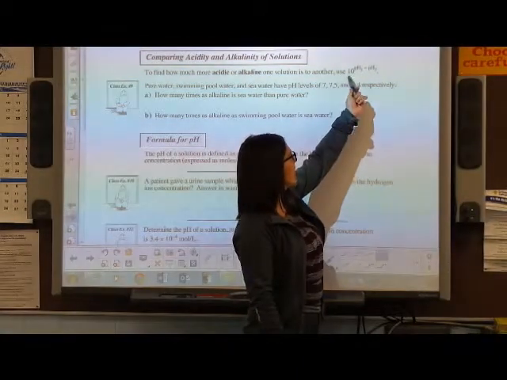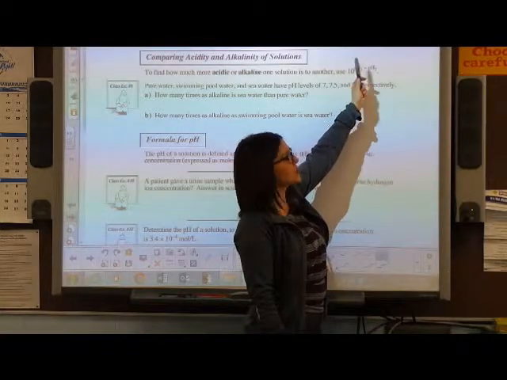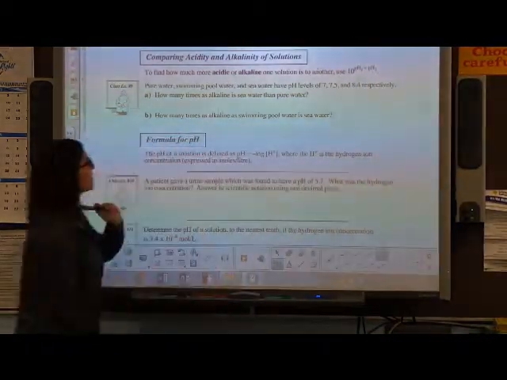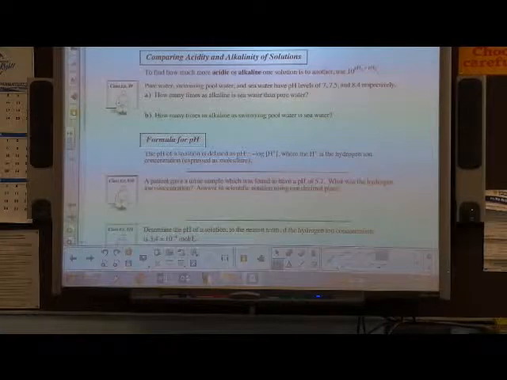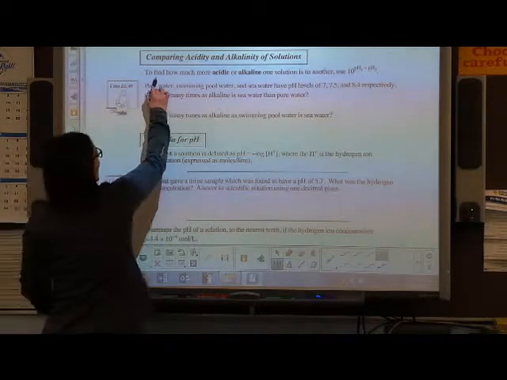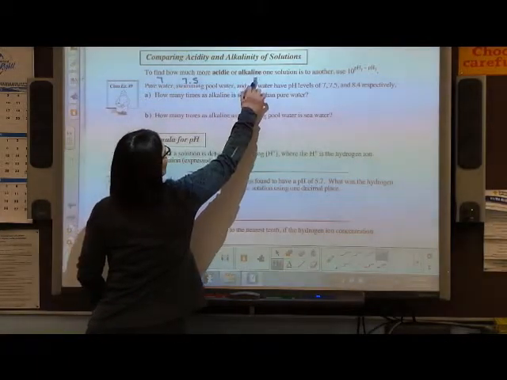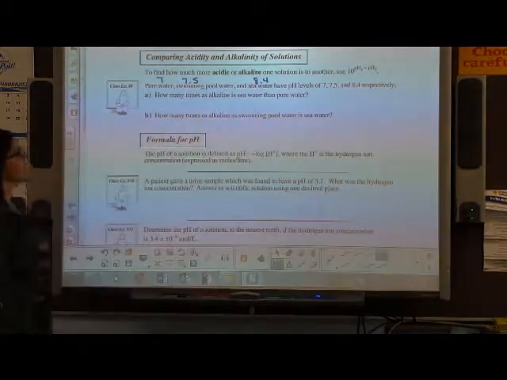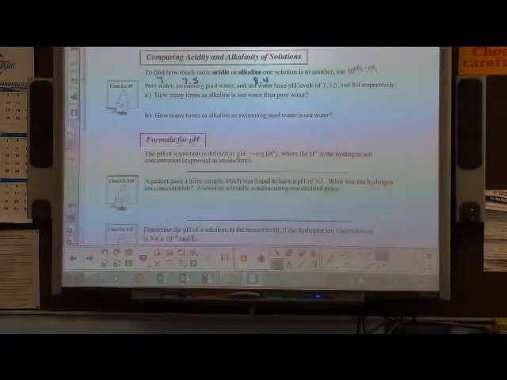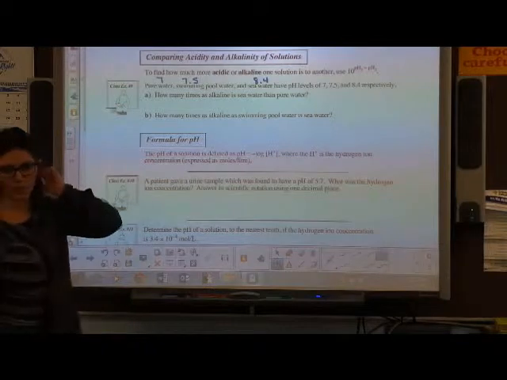by using the formula 10 to the power of the pH of one minus the pH of the other. So pure water, swimming pool water, and seawater have pH levels of 7, 7.5, and 8.4 respectively. How many times as alkaline as pure water is seawater?